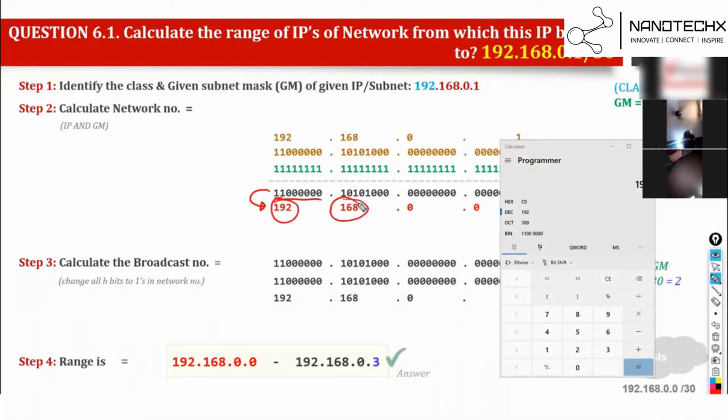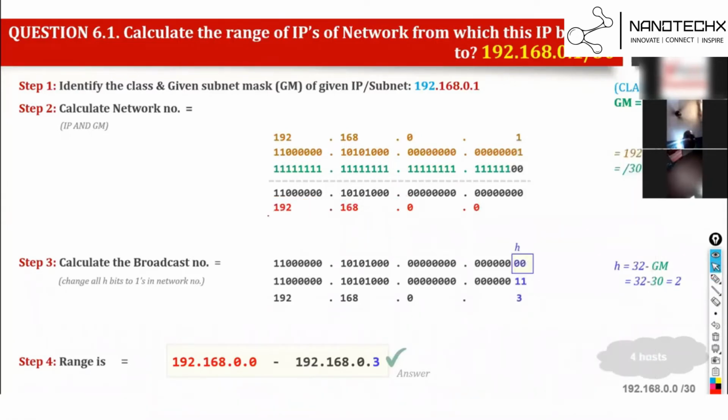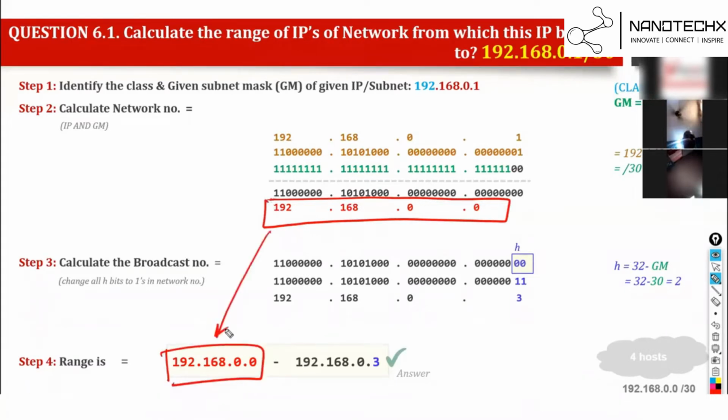And then 10101000 is 168, 0 is 0, and 0 is 0. So we found our network number. This is our network number, meaning our first IP address, right? So we write it here, the network number. Now let's calculate the last IP address.